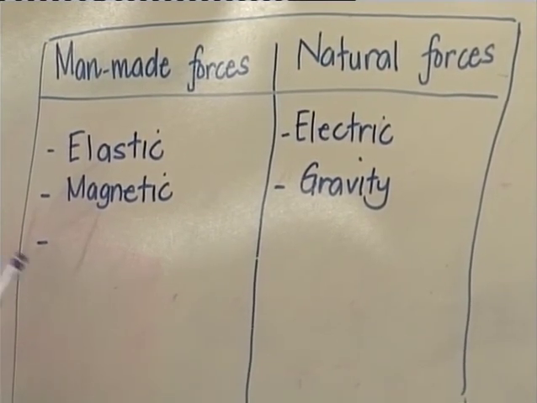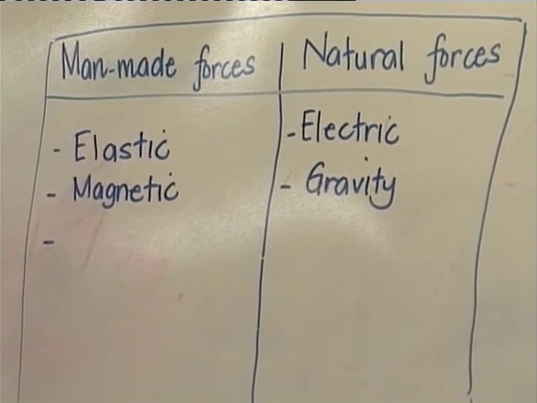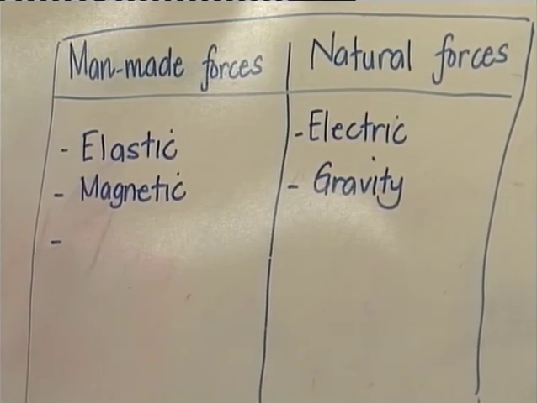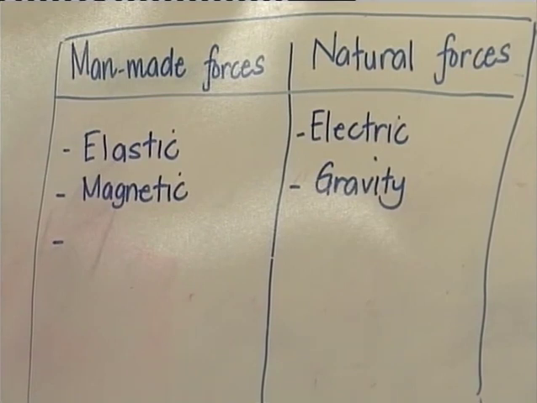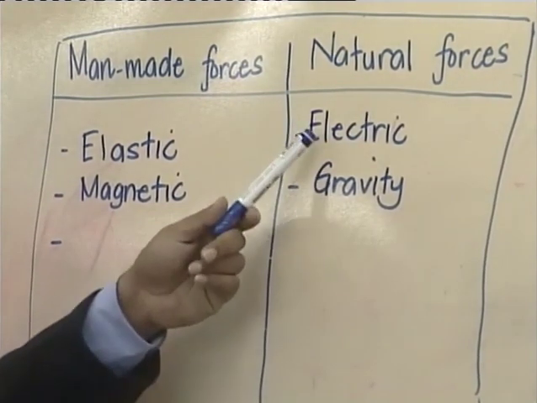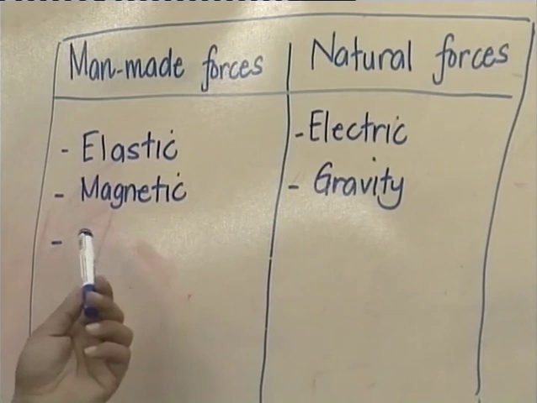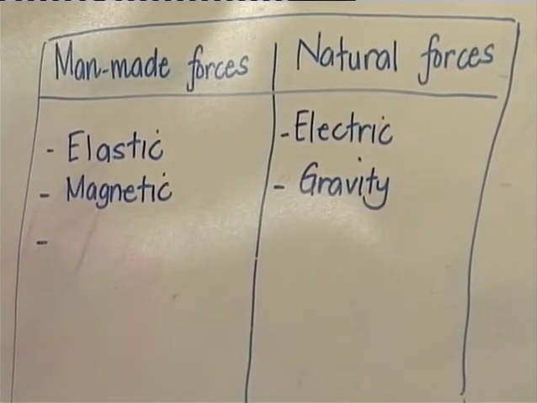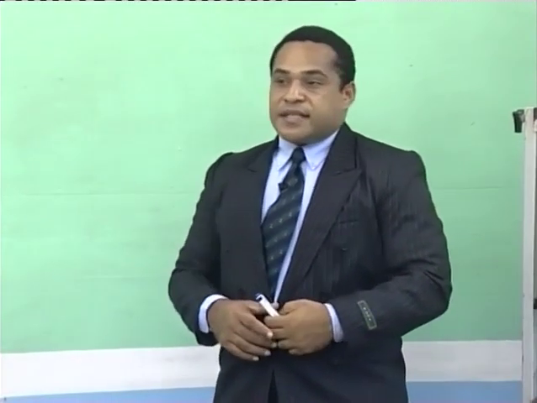Electric and gravity are natural forces, okay? But electric, it doesn't mean that it always comes under natural forces, but it can also come under man-made forces. Is that clear? Okay, very good. Thank you, 6E and receiving students, for your answers.